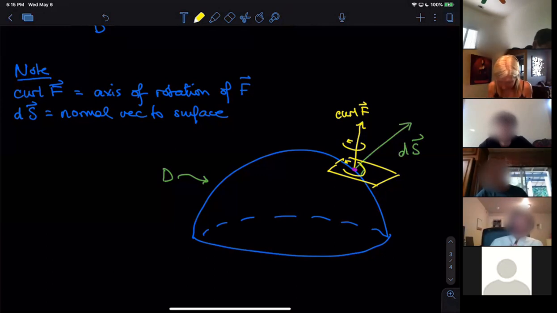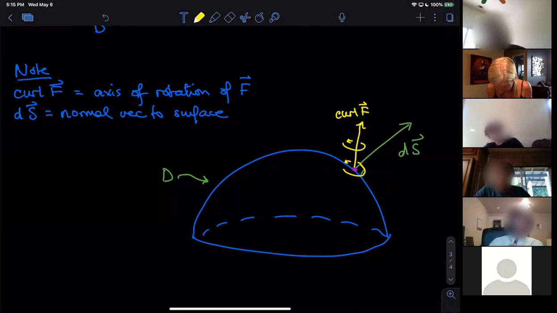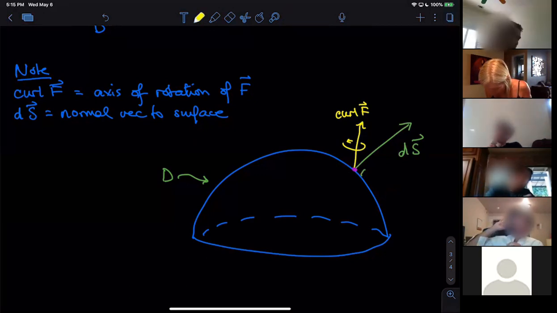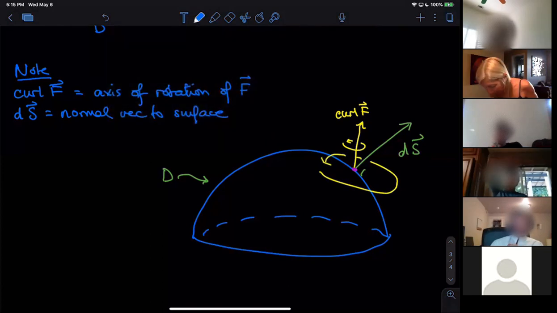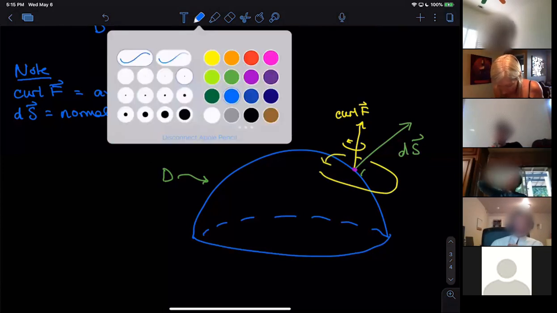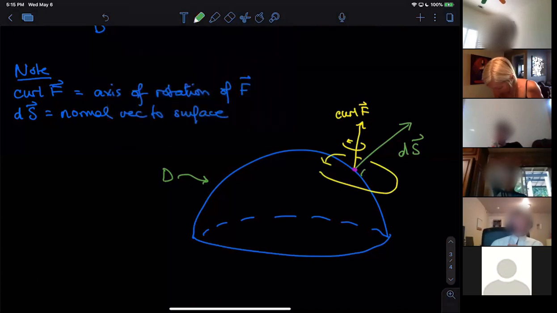Let me try, maybe I'll mess this picture all the way up, but what do I mean by that? I'm going to draw this a lot bigger than it deserves to be. So if this swirling around the curl vector would be like this, well, then there's some component of that that's curling around parallel to that, kind of curling around like this.